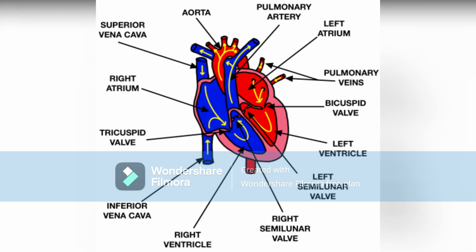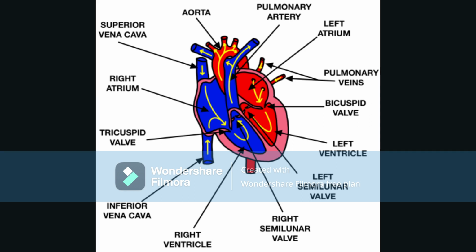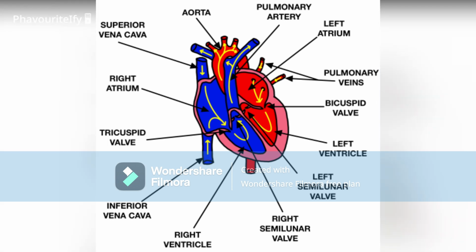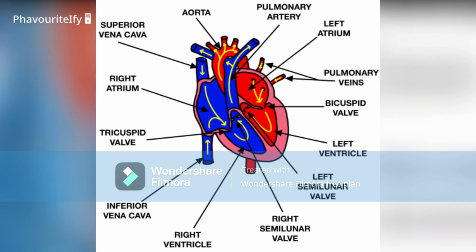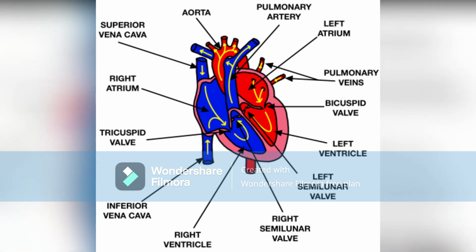While the left side of the heart, of which I said we have the right side and the left side, the right side pumps deoxygenated blood, this left side of the heart receives well oxygenated blood from the lungs through the pulmonary veins, and then pumps it into the aorta.